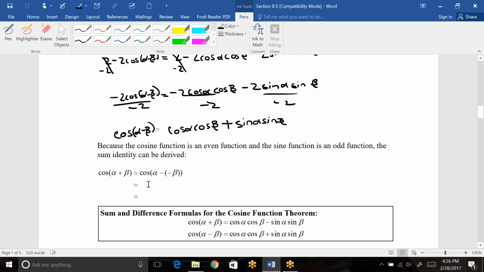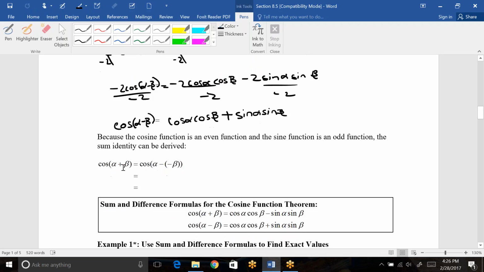Now, we could also talk about doing the addition of two angles if we think about addition being subtracting the opposite. So that means that this would equal, using our formula we just derived, cosine of alpha cosine of negative beta plus sine of alpha sine of negative beta.